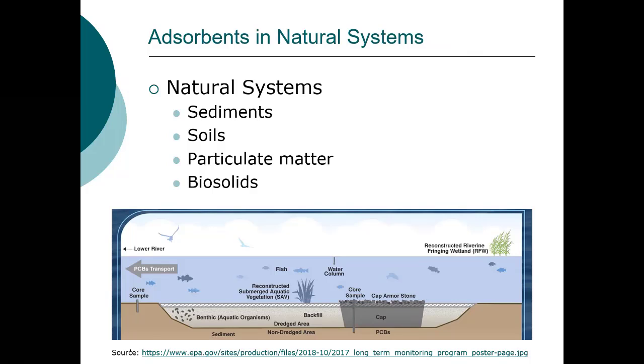So what's happened over time is the PCBs in the water have settled or sorbed onto particles. Those particles settle to the sediments, and now you have sediments that are contaminated with PCBs.